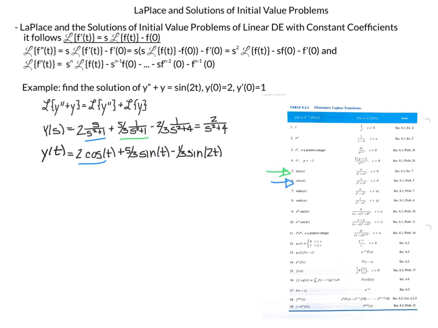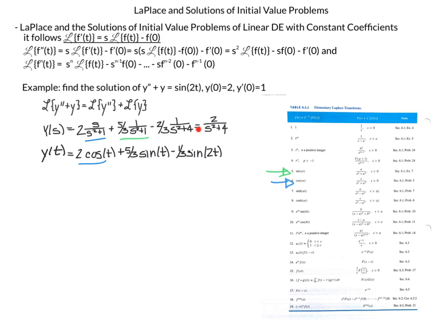And last, I have my 1 over s squared plus 4, so that's still my sine of at, except now because I have s squared plus 4, a must equal 2.